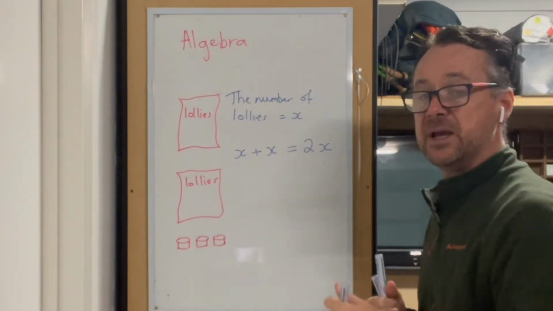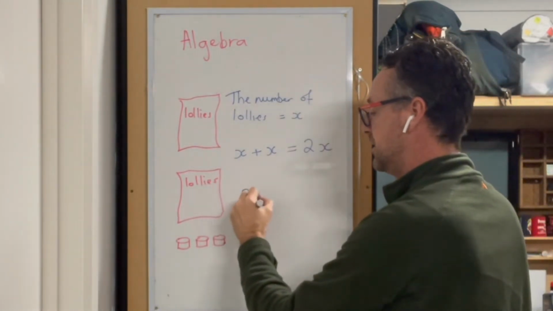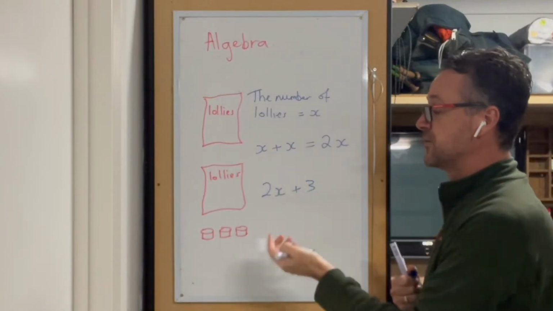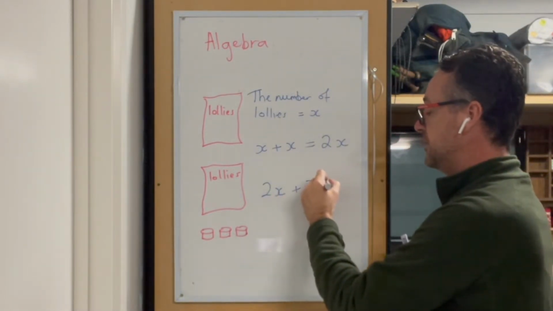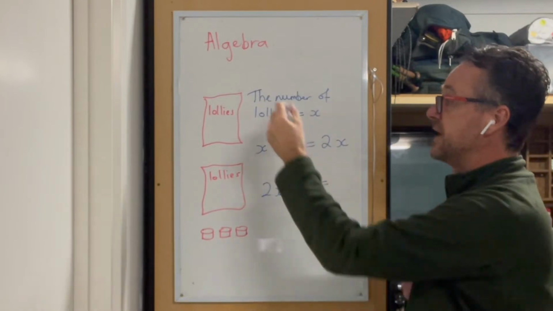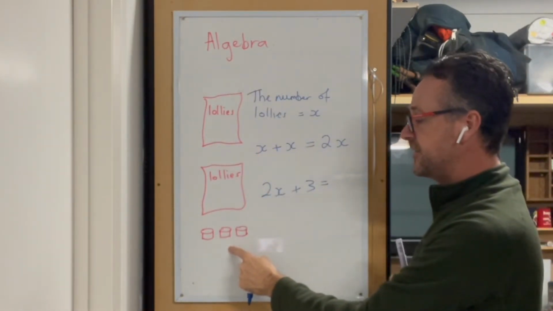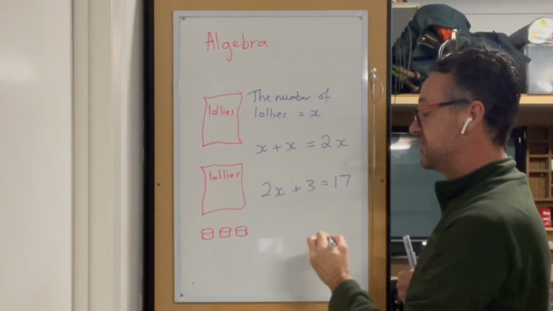And then imagine that we have these 2 bags of lollies, which we now know are equal to 2x. And we get 3 more lollies, 1, 2, 3. So we're going to add on those 3. So now we've got 2x plus 3. Now let's assume that if we counted all the lollies in the bag, and it's the same number in each of these bags, plus the 3, that gives us a total of 17.